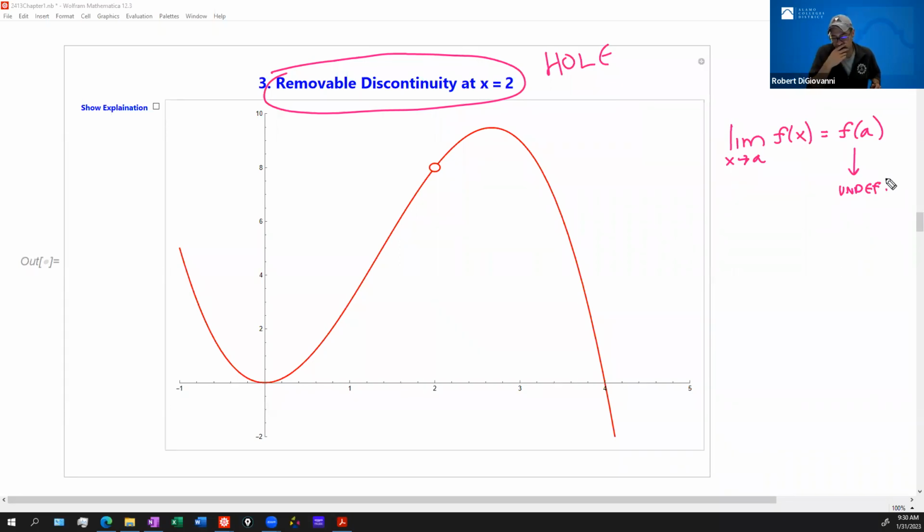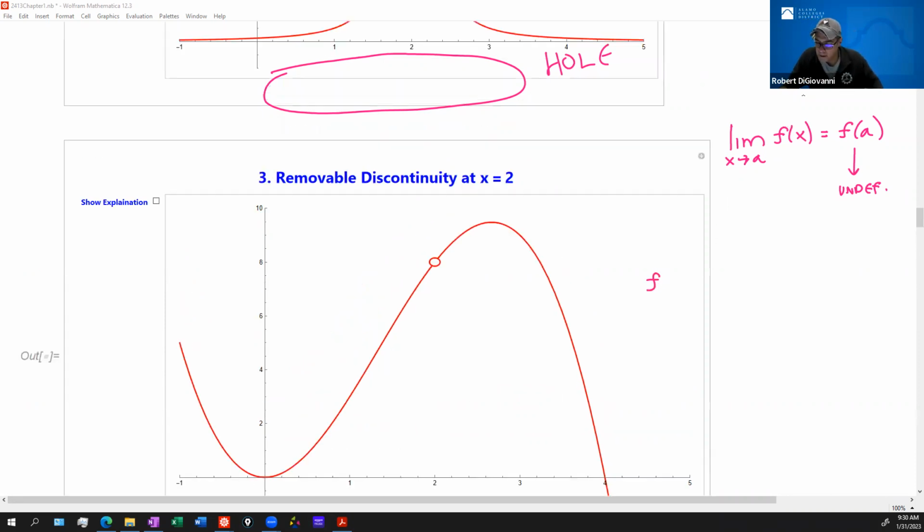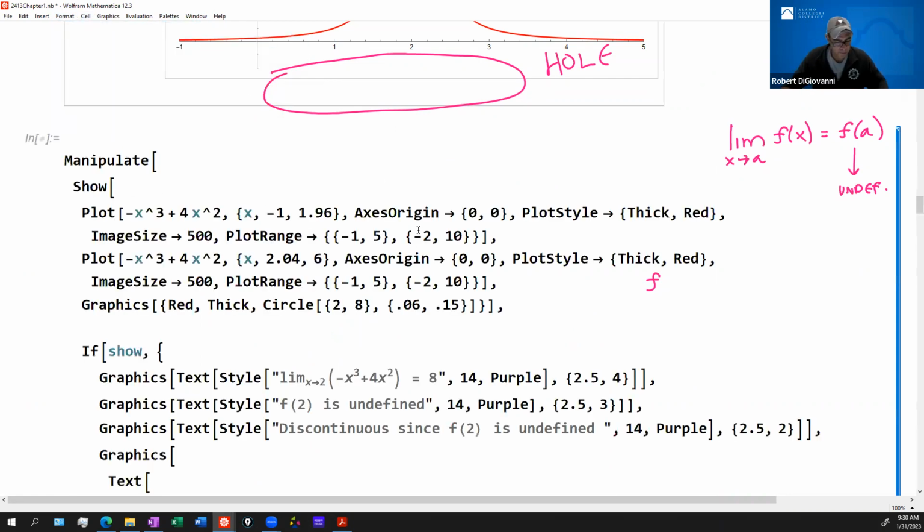So let me see if I can come up with a function. Hold on, let me think about this. You know what I'll do? Give me a second. I'm going to just bring up the code for this, and then I'll know what function I used. Negative x cubed plus 4x squared.